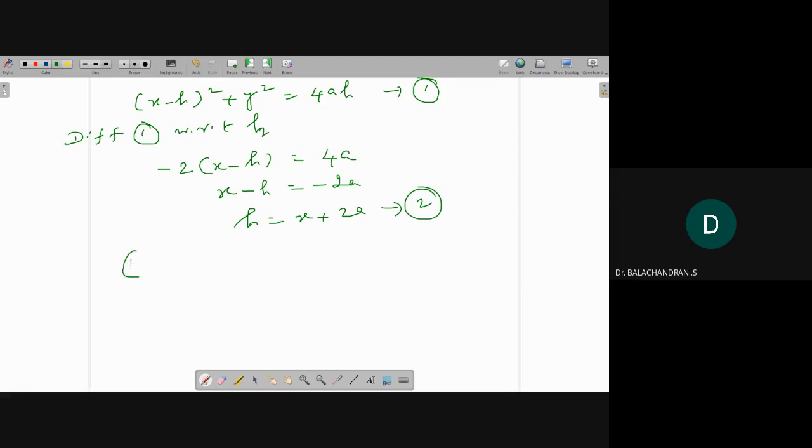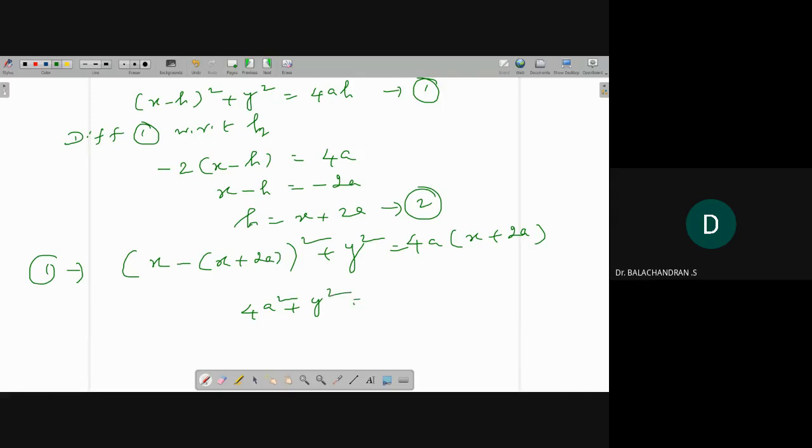If you substitute, we get x minus x plus 2a whole square plus y square equal to 4a into h, where h is x plus 2a. So x gets cancelled. 2a whole square is 4a square, plus y square equal to 4ax plus 8a square.